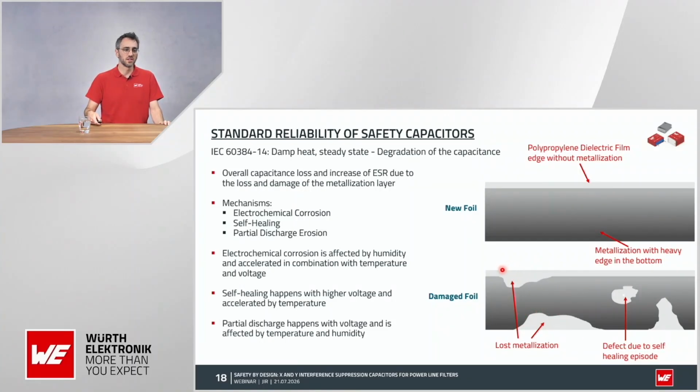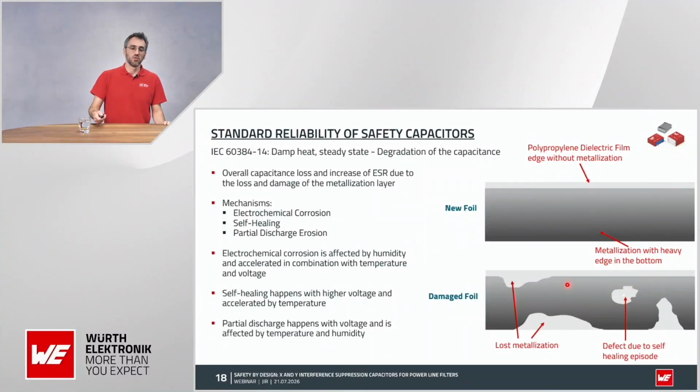It can be electrochemical corrosion, which is mainly affected by humidity in the air leaking inside the capacitor and corroding the electrode. And we also have, as I mentioned before, spots where we have self-healing. This is exaggerated. It's normally not so big.